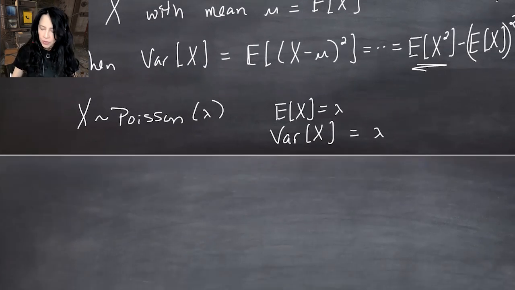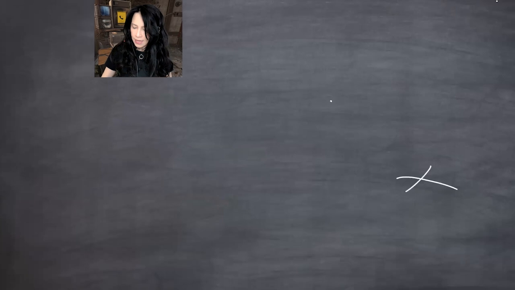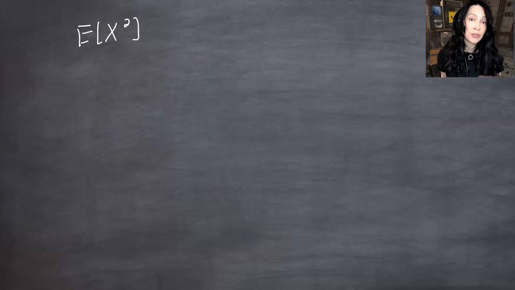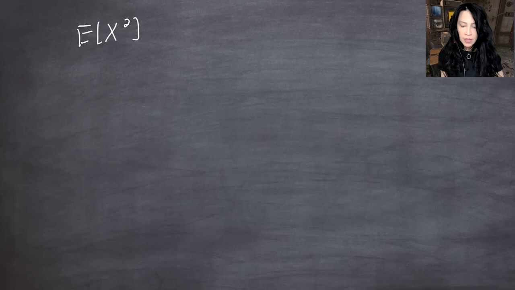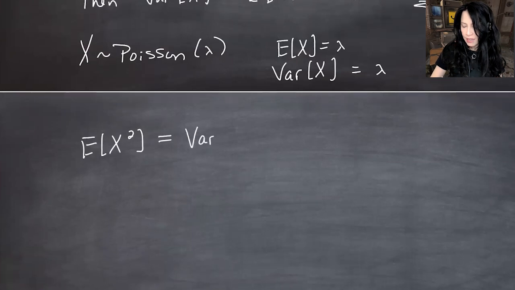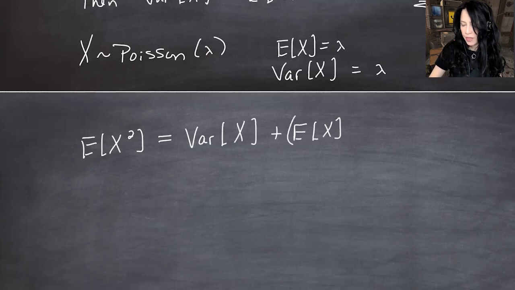If you wanted to find the expected value of x squared for a random variable, you could find it by integrating x squared in front of the PDF, or if it's discrete, putting x squared in front of the probability that x equals x and summing. But if you know the mean and variance for a distribution, you could always unravel the definition of variance and get this from the variance of x plus the expected value of x, all squared.